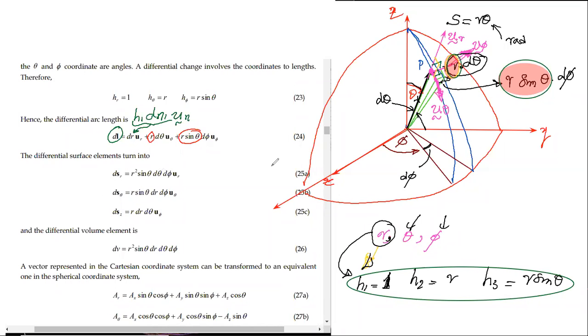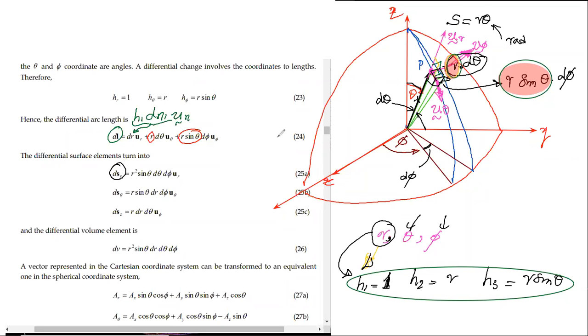And similarly, you can write down the surface area. You can define here the surface area, something like this. So this cube has 6 surfaces. These surfaces you can write down.